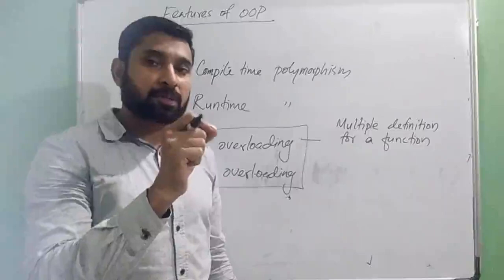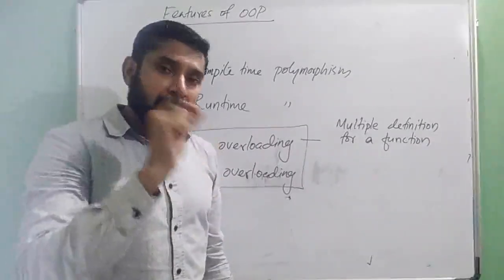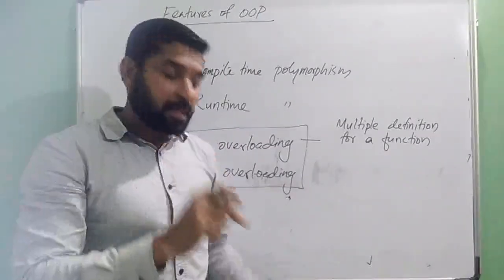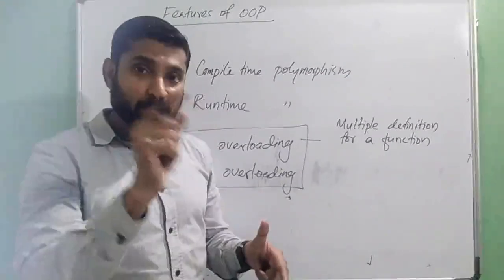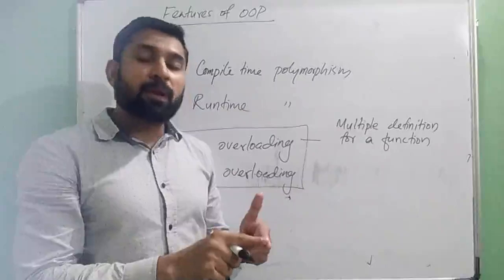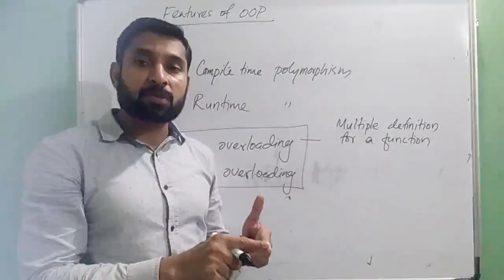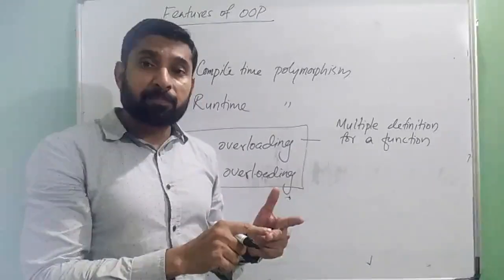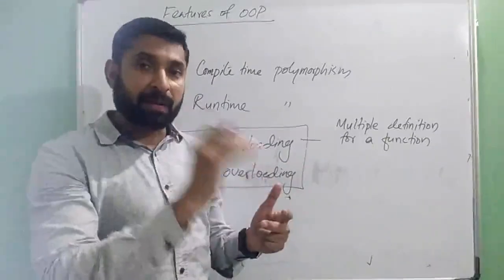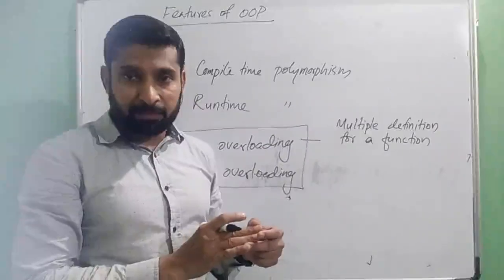Suppose there is a function called area. That function calculates the area of a circle when radius only is provided, calculates the area of a rectangle or square when length and breadth are provided, and calculates the surface area of a box when length, breadth and height are provided.